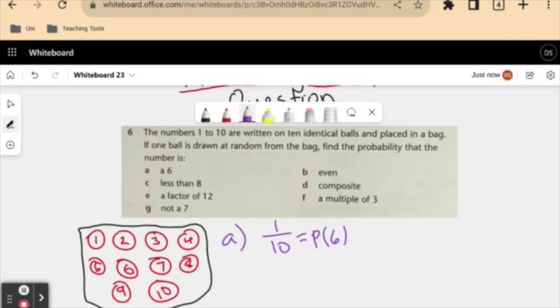Now, what about part B? Well, the probability that the number is even, let's just count the even numbers. We have 2, 4, 6, 8, 10, which is 5 out of 10. So probability of even equals 5 out of 10.